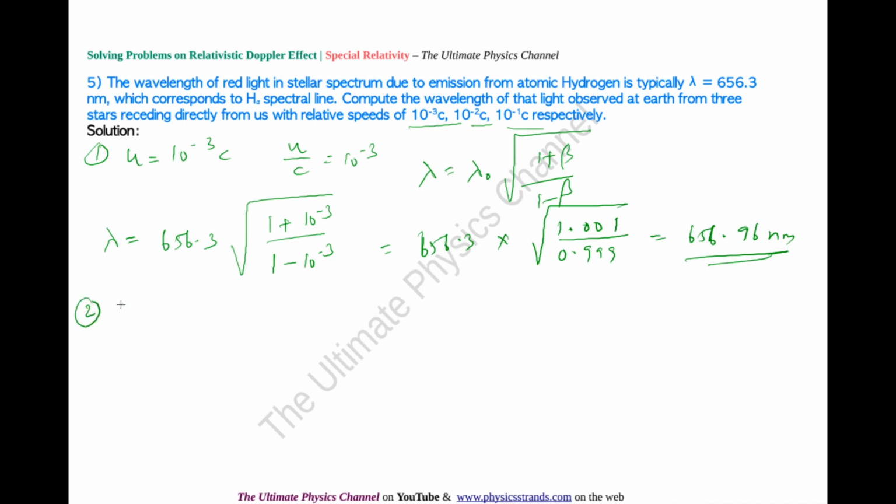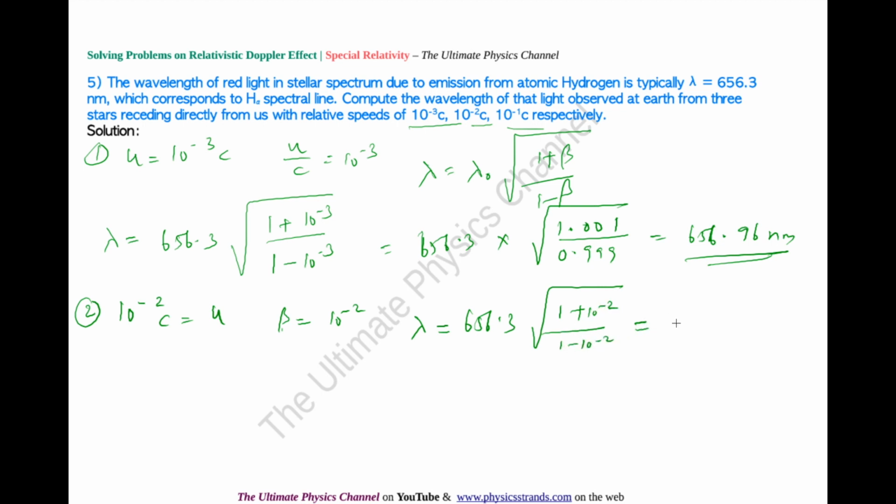The second is 10 power minus 2 c case, where u is 10 power minus 2 c. So we have beta as u over c, which is 10 power minus 2 in this case. So same procedure we have to repeat. So lambda is equal to 656.3 times square root of 1 plus 10 power minus 2 over 1 minus 10 power minus 2.